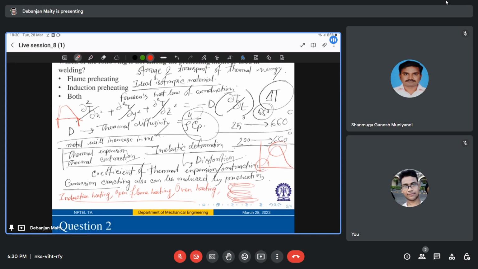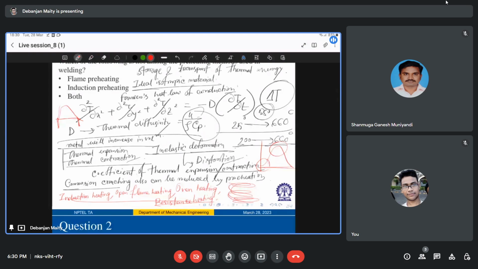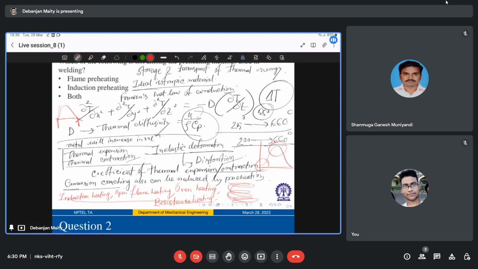One more heating process I forgot: there is resistance heating also. You are well aware of resistance spot welding, how it happens. It takes advantage of the electrical resistance of the metal, right? If your metal has higher electrical resistance, can it produce heat? Let's say you are trying to weld copper with resistance spot welding. Can it weld copper?